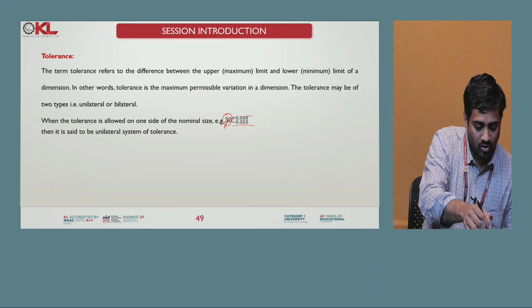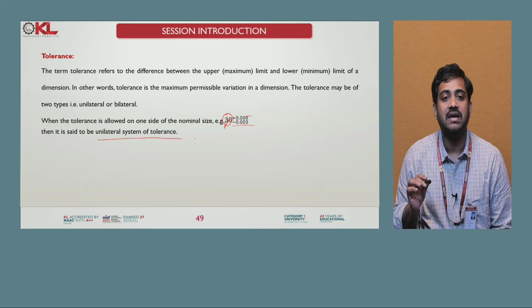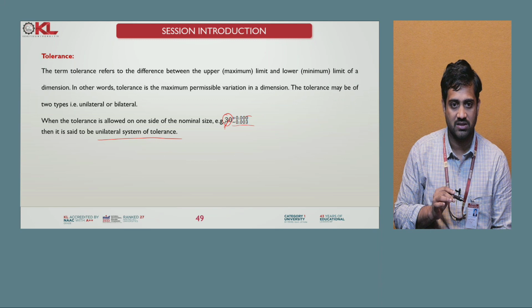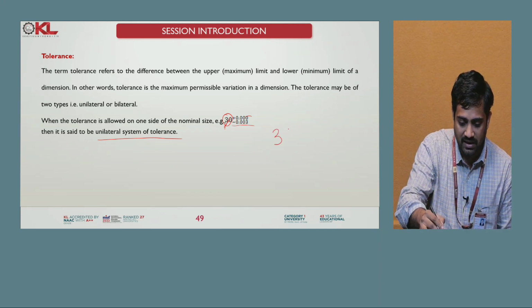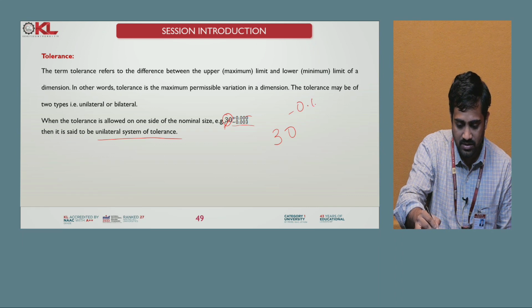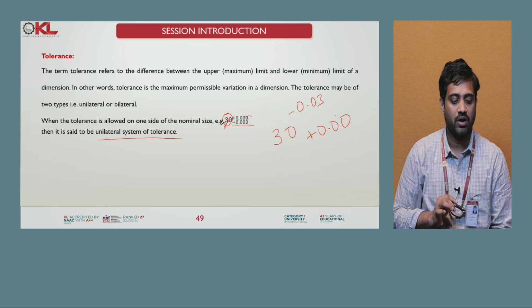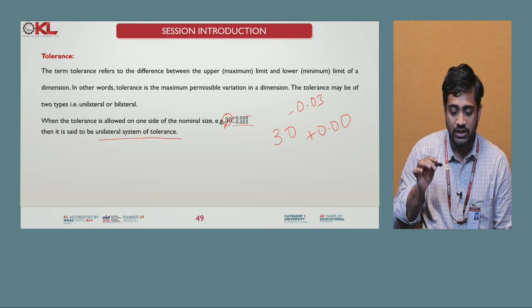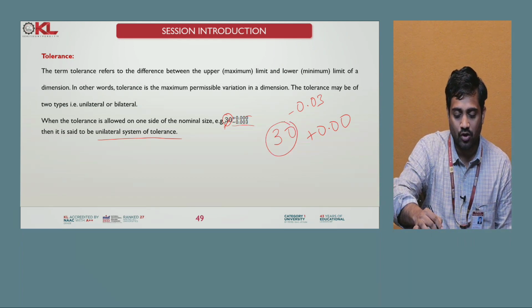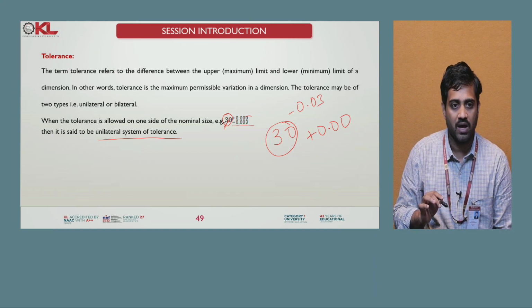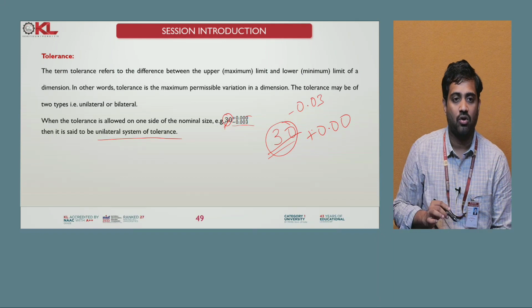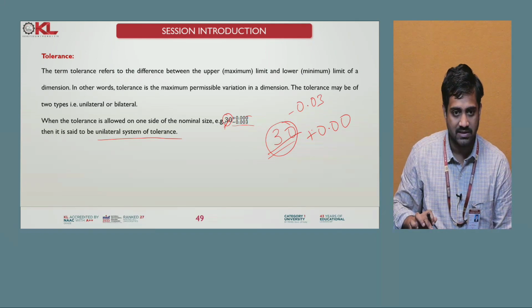This is called the unilateral system of tolerance. Here, 30 minus 0.03 is also called a unilateral system. For the existing nominal size, the tolerance is allowed on one side only. Such types of tolerances are called unilateral tolerances.